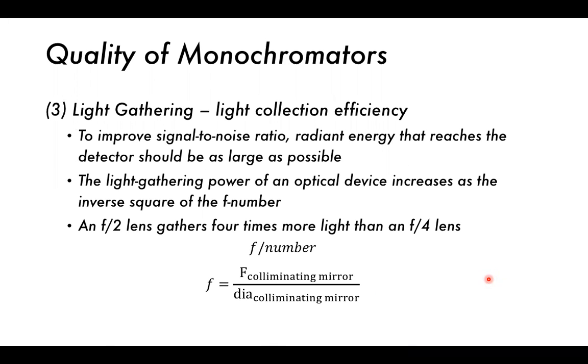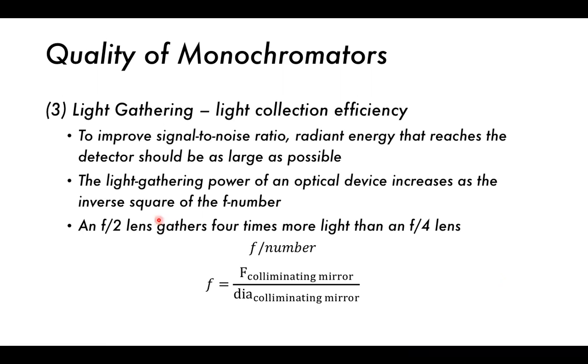Light gathering is the light collection efficiency of our monochromator. We use this to improve signal to noise ratio, and the radiant energy that reaches the detector should be as large as possible. The light gathering power of an optical device increases as the inverse square of the f number. So that means that an f/2 lens gathers 4 times more light than an f/4 lens.